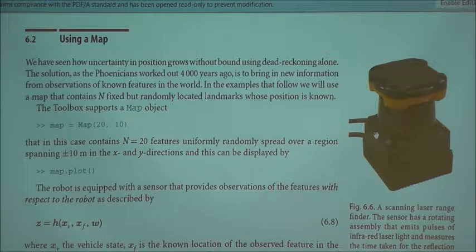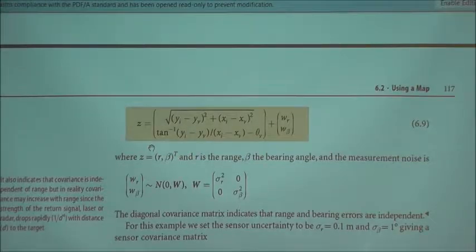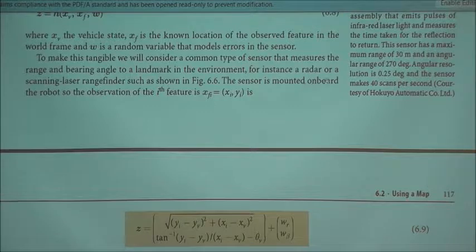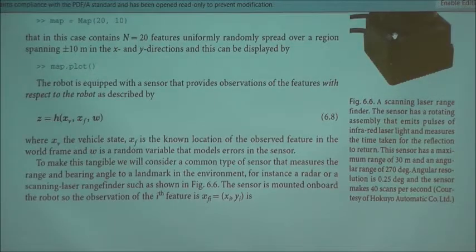We do have many sensors on the Pioneer robot, and similarly on the other robot, and both of them have access to Kinect cameras for images. The sensor is mounted on board the robot. Observation of the height one is given by this. This is the equation for that particular sensor, which is this one.